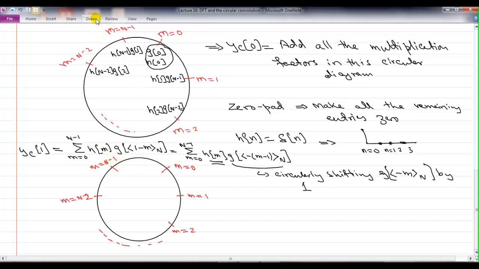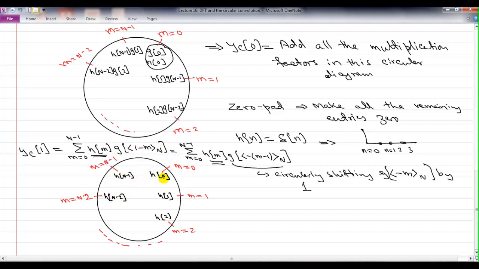Now when we look at the formula above, the formula involves h of m as it is, so we just put down h0 at m equal to 0, h1 at m equals 1, h2, then h of n minus 2 at m equals n minus 2, h of n minus 1 at m equal to n minus 1.